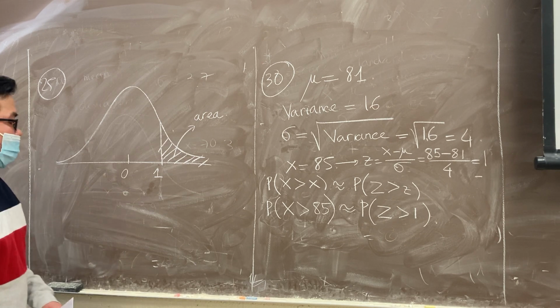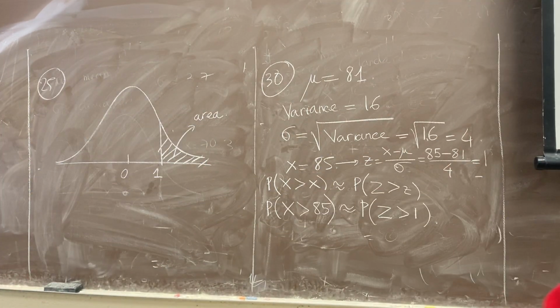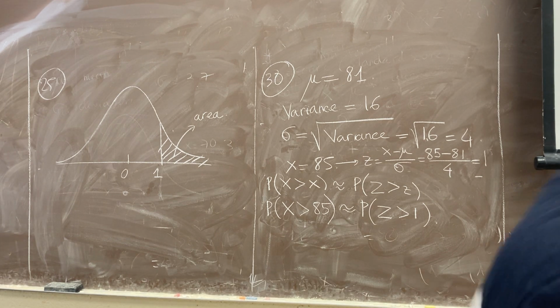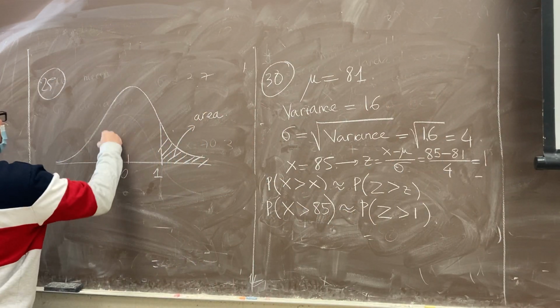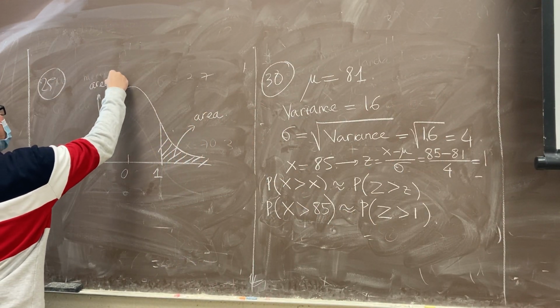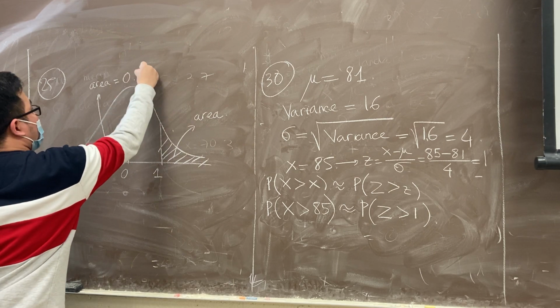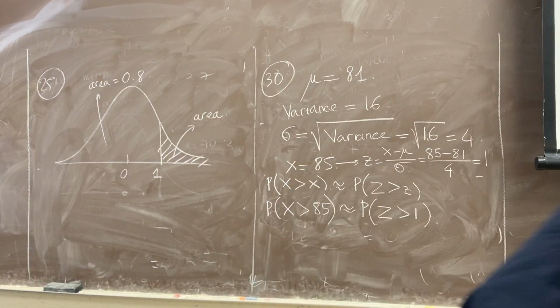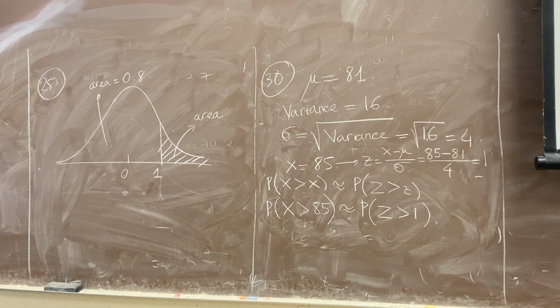So you look at the table and you find the probability of Z less than 1. The area of this one is, let me see, 0.8413.